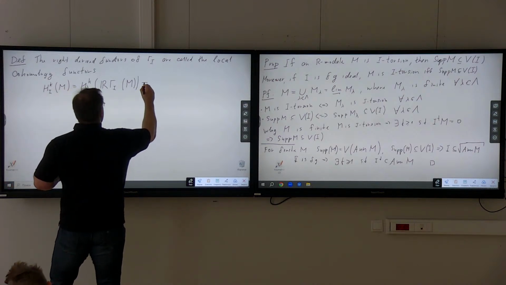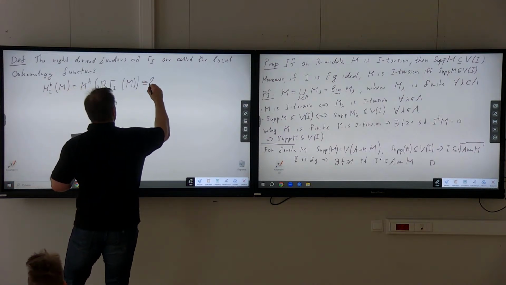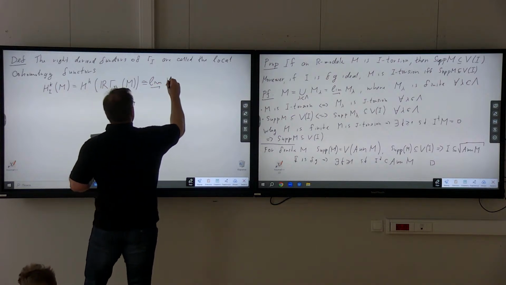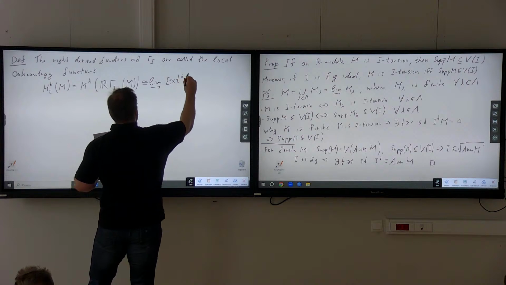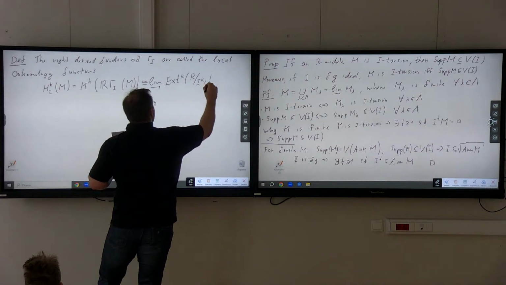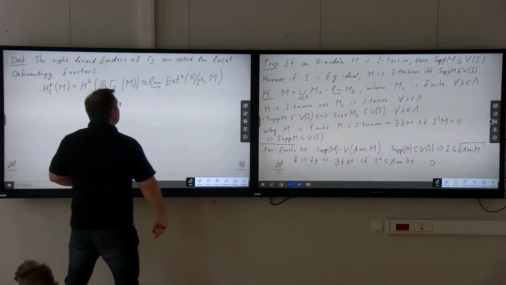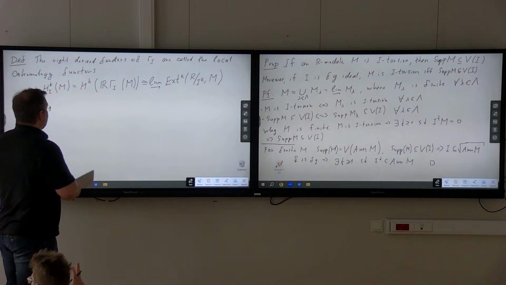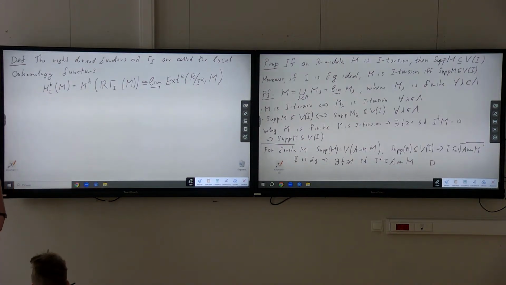And we can also identify this, that will be important later, with the direct limit of the Ext groups. Can we, do we know that the limit commutes with taking homology, since it's exact? It's exact, yes. Again, the direct limit is exact.